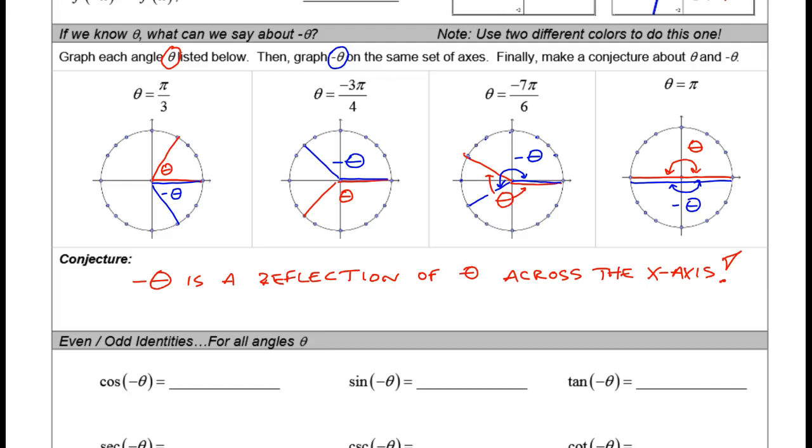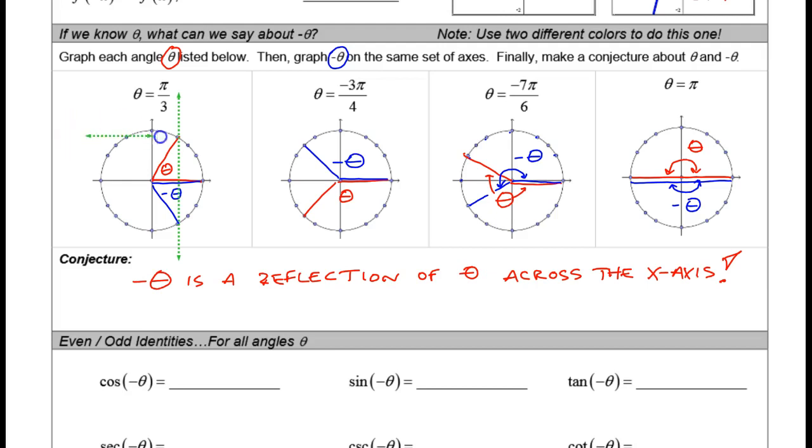I want to highlight one thing here. If I look at what we did in the previous examples, I notice this. When theta is reflected across the x-axis, this line right there indicates that the x-coordinates don't change. So if I reflect a point across the x-axis, the x-coordinate does not change.